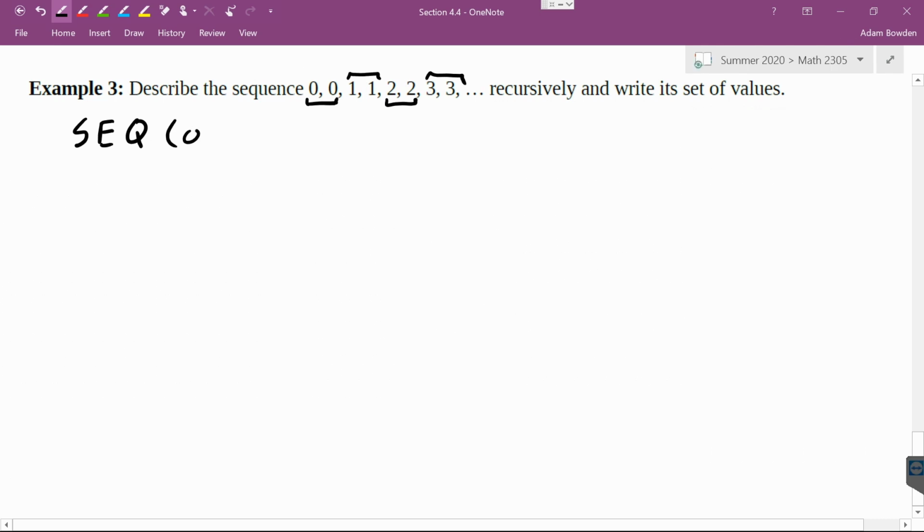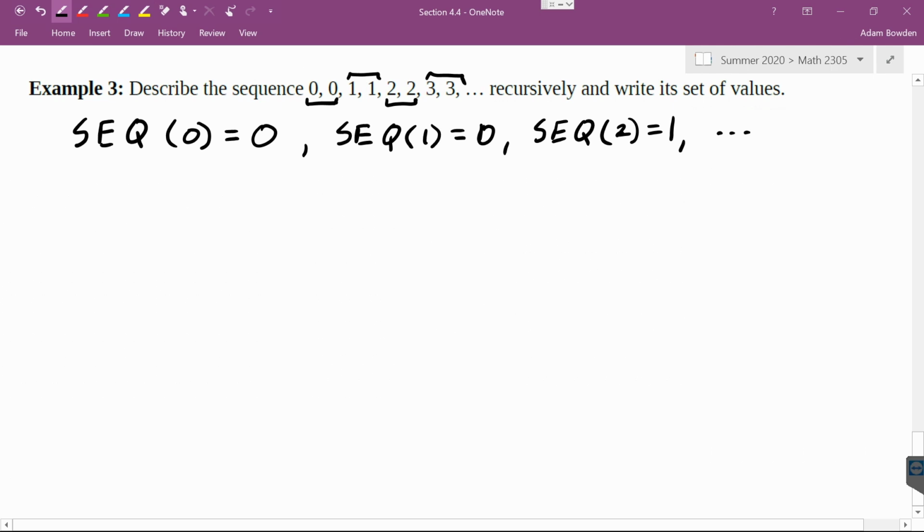So sequence of 0, we'll call it here, is equal to 0. Sequence of 1, the next one over, is equal still to 0. Sequence of 2 is equal to 1, and it goes from there.